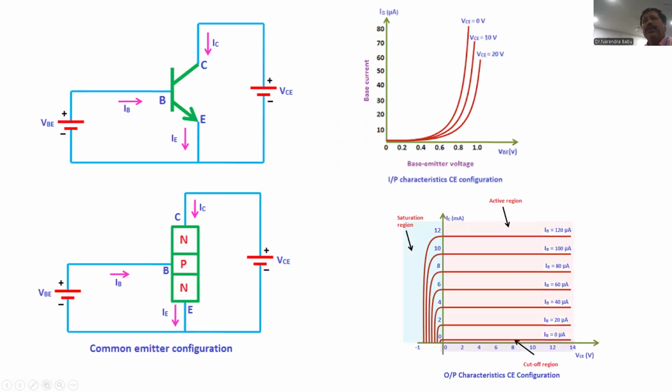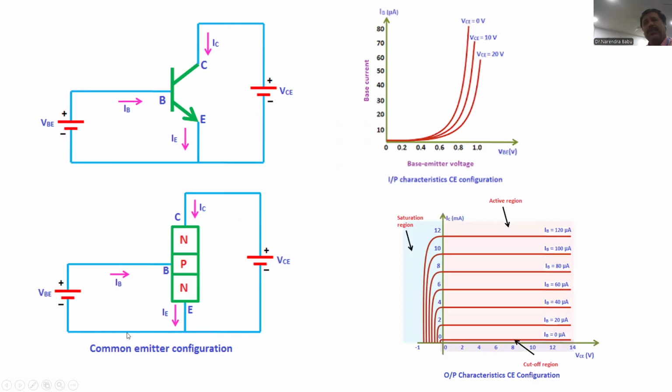Coming to common emitter configuration, this is the configuration most used for amplification, where the emitter is common between input and output. Here, for the NPN transistor, the base is positive, connected to positive, and the emitter, which is negative, is connected to negative.